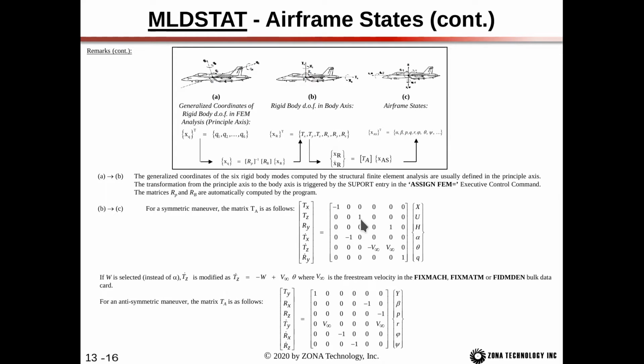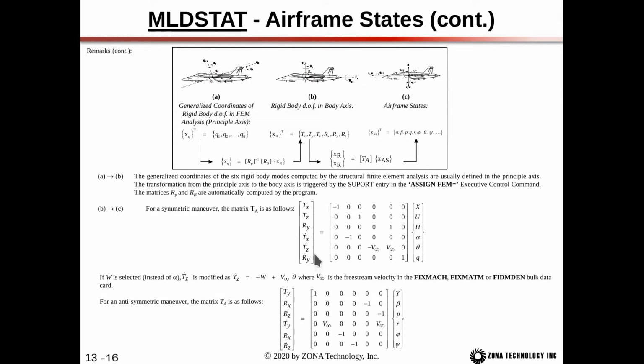And that conversion is done as follows here. For the symmetric maneuver, the MLD stat card constructs this transformation matrix. So this transformation matrix converts the airframe states to the rigid body states.